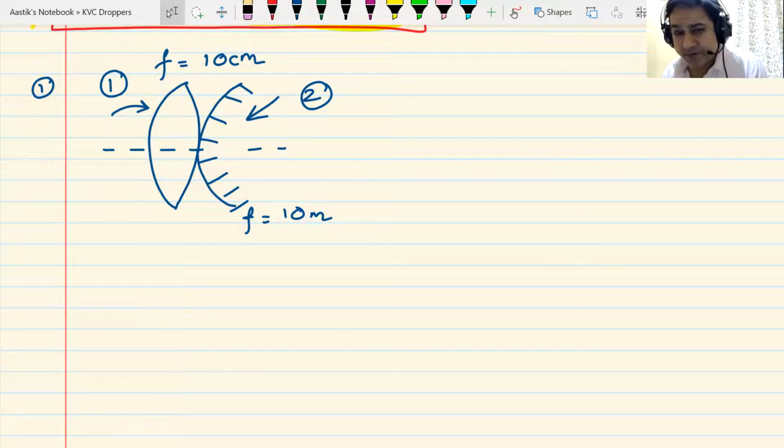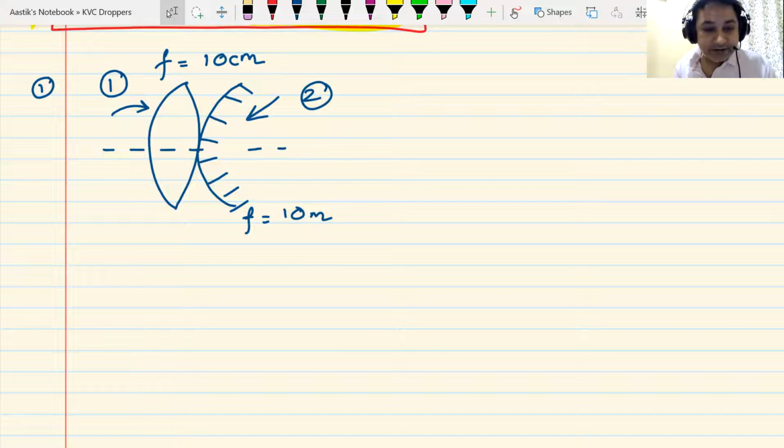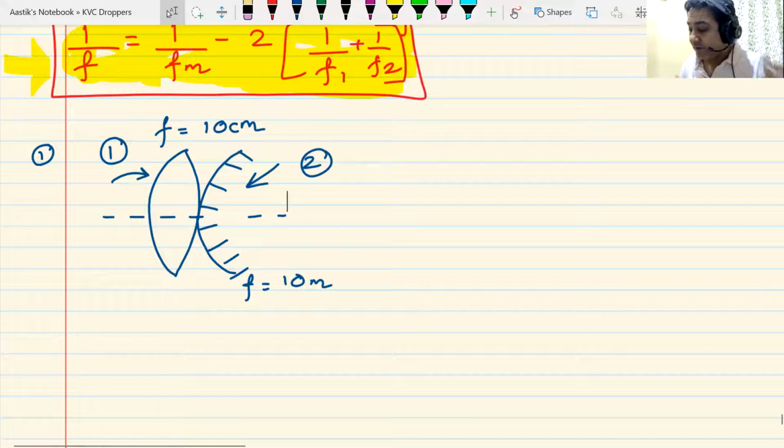If it is plus 1 by 5, it will behave as a convex mirror. If it is minus 1 by 5, it will act as a concave mirror. So you have to tell me that also. Don't be afraid. Convex, plus 1 by 5. Well done. Let me see how we have to do this.